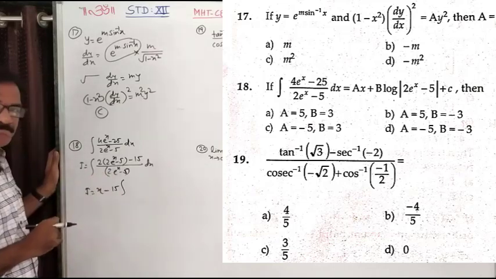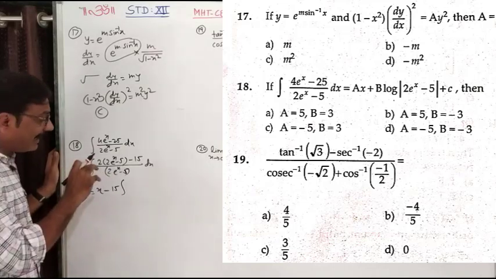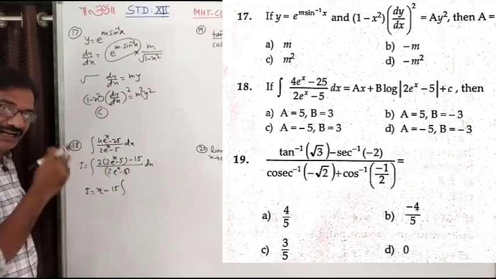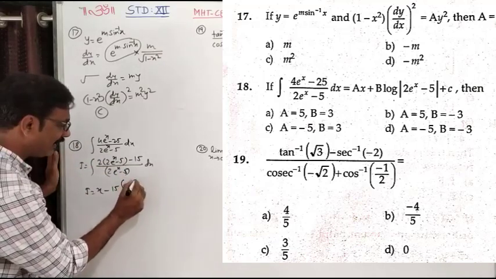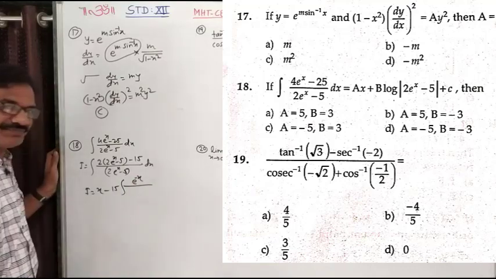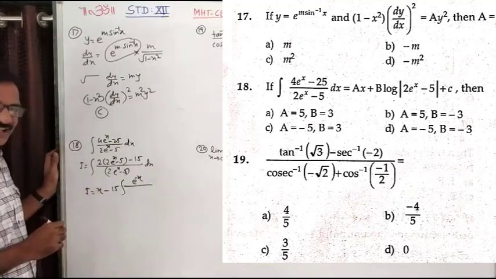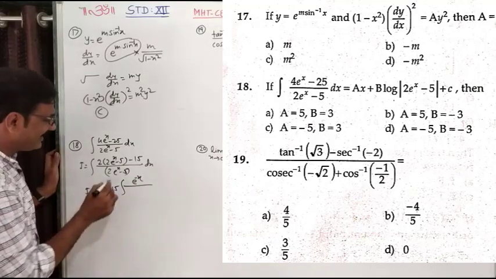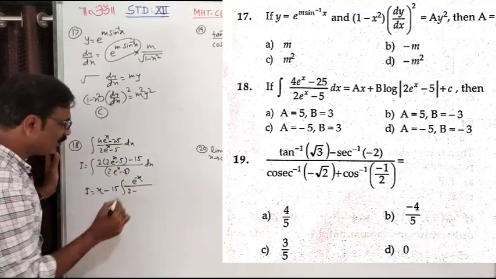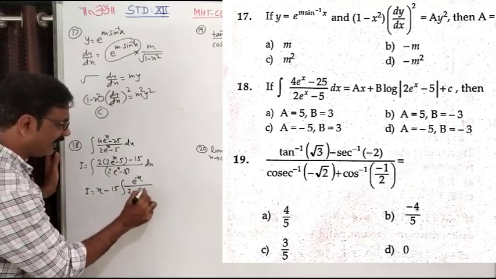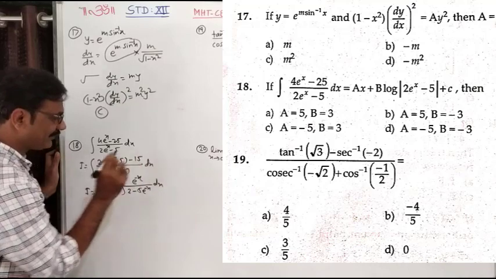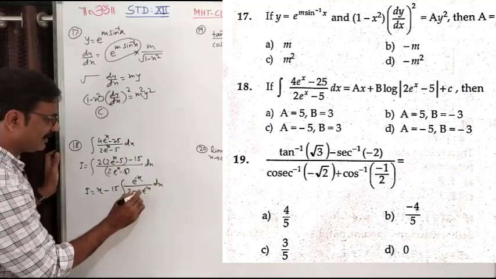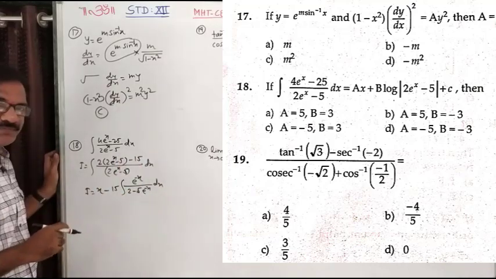From this, divide by e raised to x for numerator and denominator. Dividing the top gives this, dividing the bottom gives 2 minus 5 e raised to minus x. That will be 5.